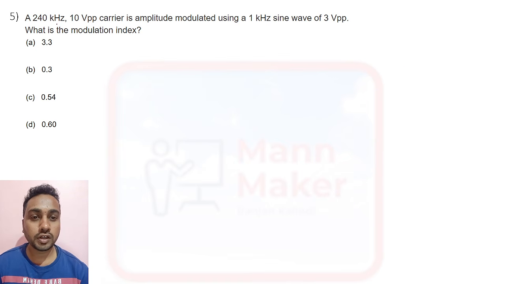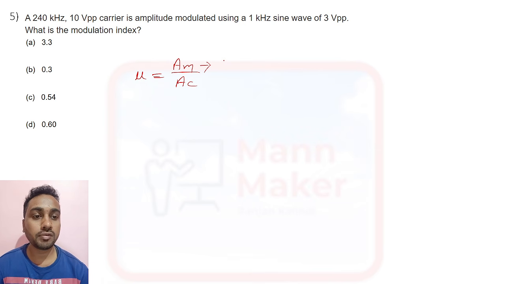A 240 kilohertz 10 VPP carrier is amplitude modulated using a 1 kilohertz sine wave of 3 VPP. What is the modulation index? Modulation index is generally denoted with mu. Mu equals AM by AC.